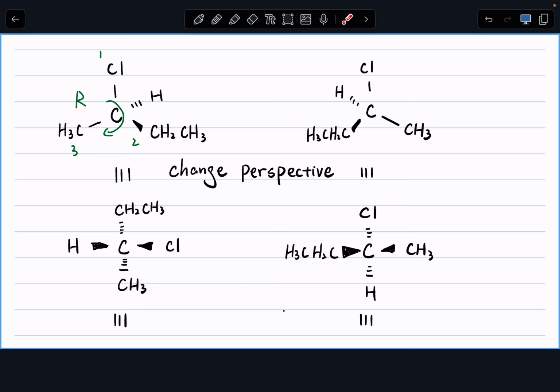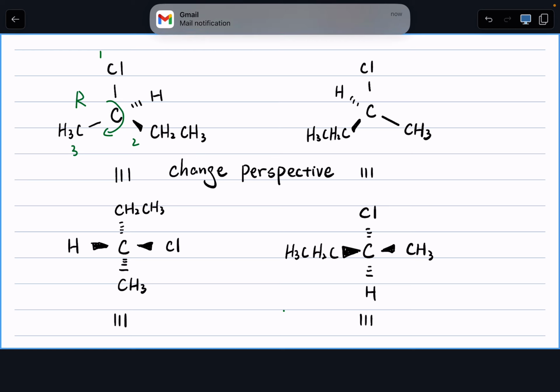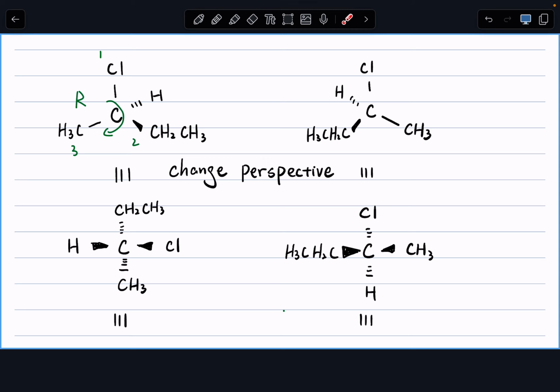The wedged out groups are in my horizontal plane. The dashed groups are on my vertical. So this is drawing the normal wedge and dash configuration in a different projection, or looking at the molecule from a different perspective. These two are the same molecule viewed from different perspectives.